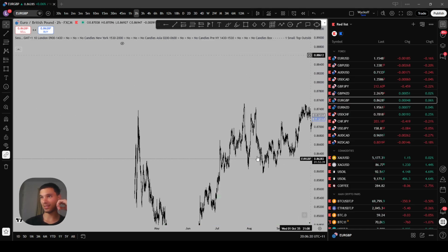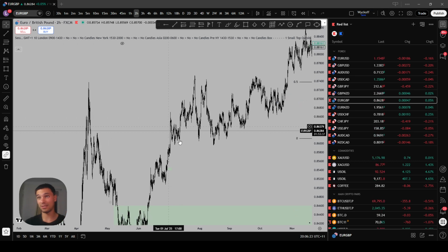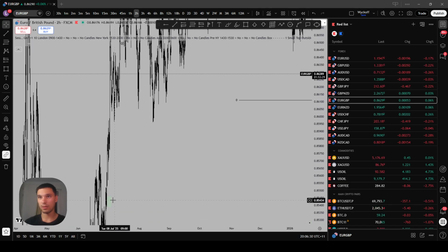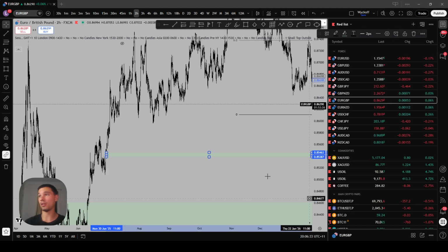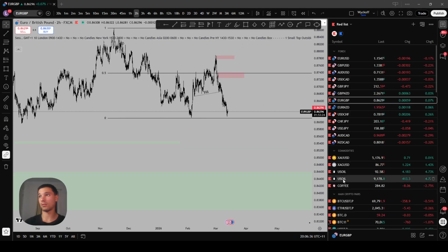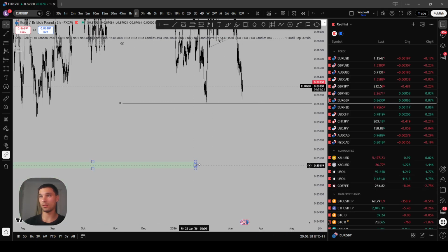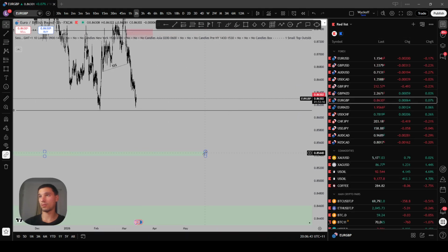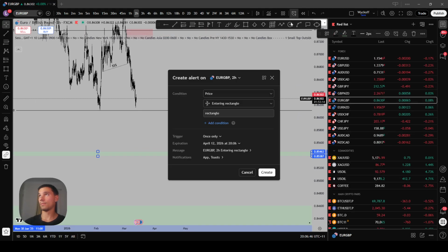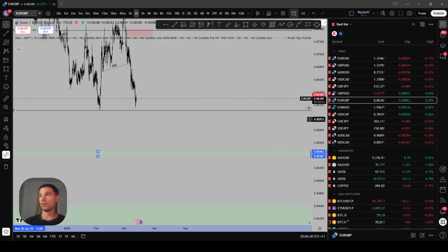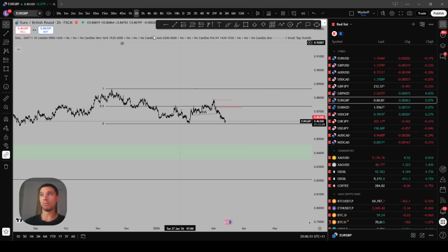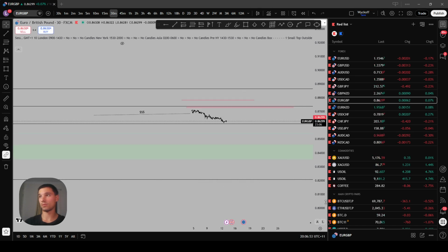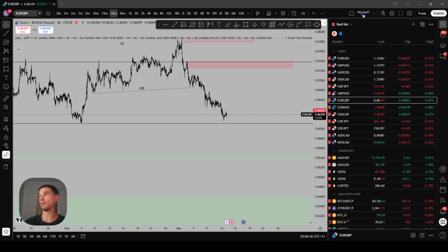This is a crazy, crazy refined demand POI. Yeah, nothing more I'm really expecting for Euro GBP at the moment. Just letting price do its thing.